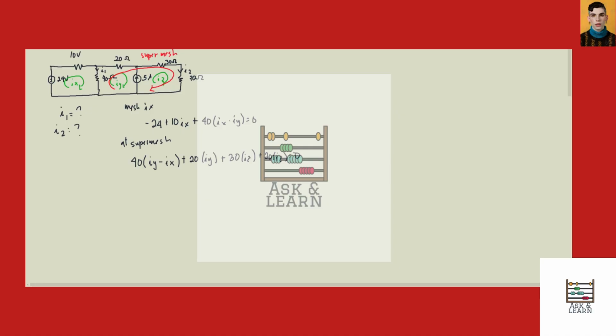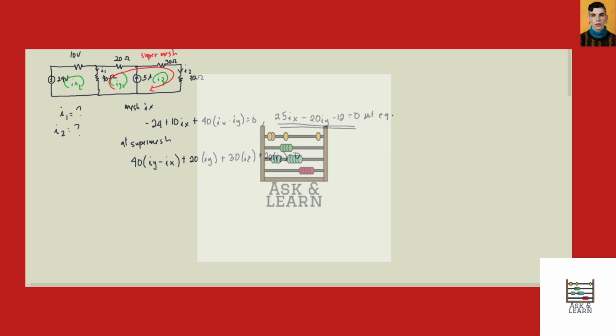Now, we can simplify these equations, with the first equation being 25 Ix minus 20 Iy minus 12 is equal to 0. That is our first equation.